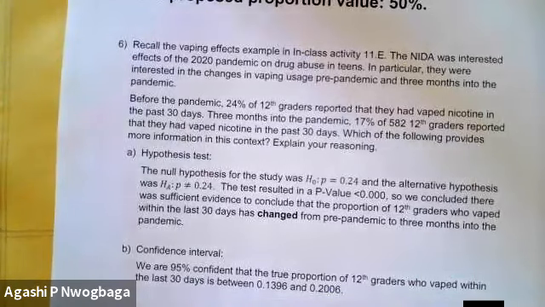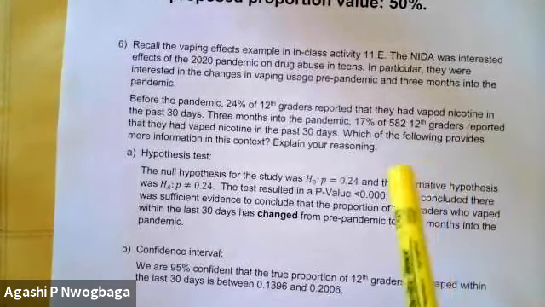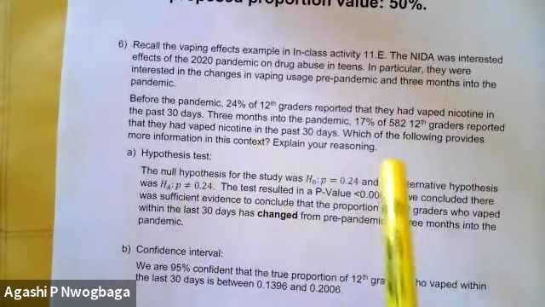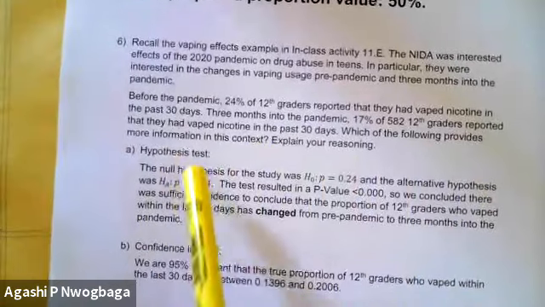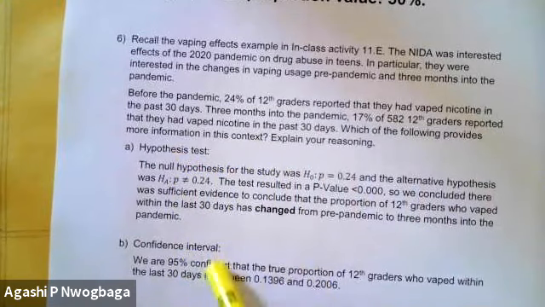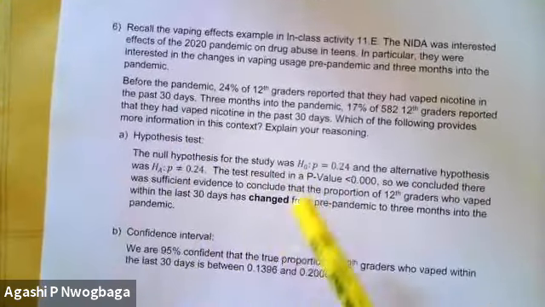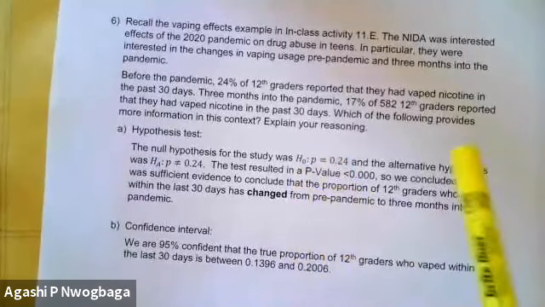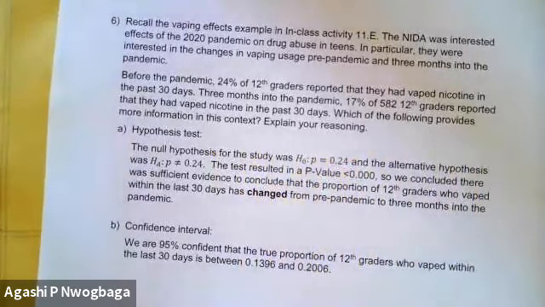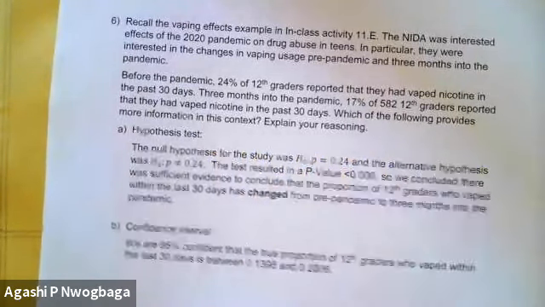So remember our question is, which of the following provides more information in this context? Explain your reason. The hypothesis test explained like this, or the confidence interval presented like this. Answers will vary, but here is a possible explanation.